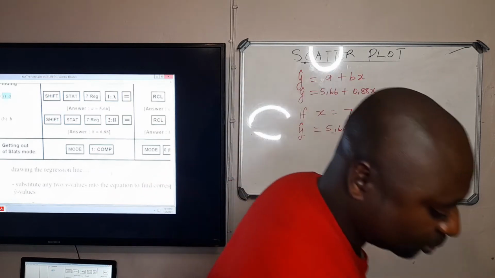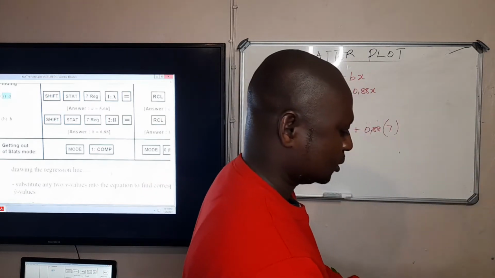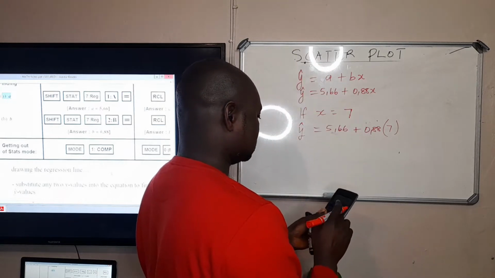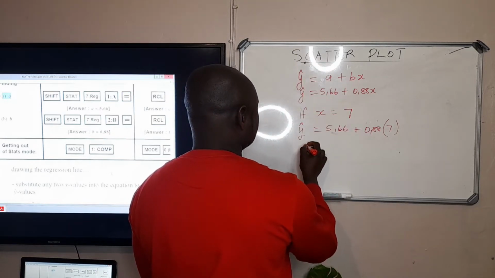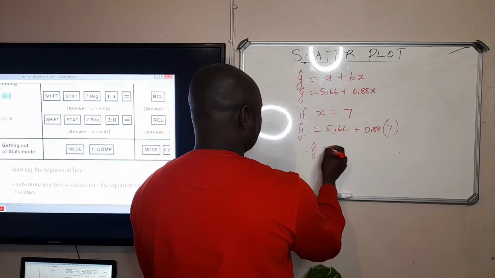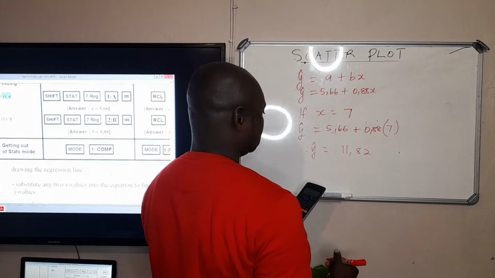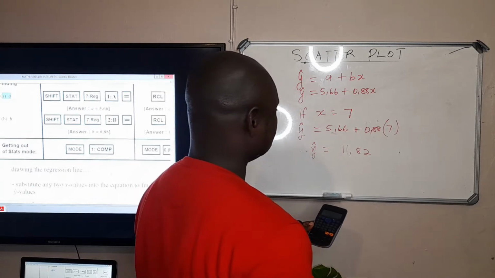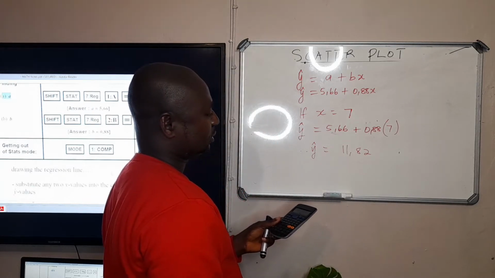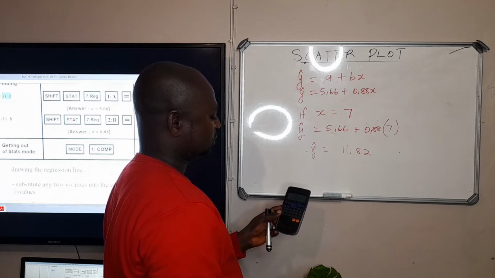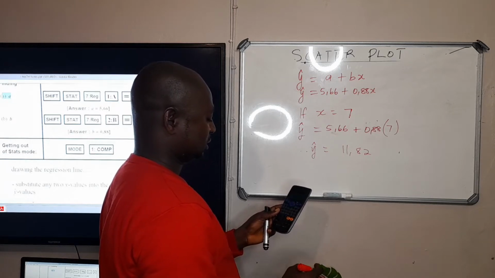So from there you press on your calculator, and then you are going to get your answer as therefore your predicted y is equal to 11,82 to 2 decimal places.